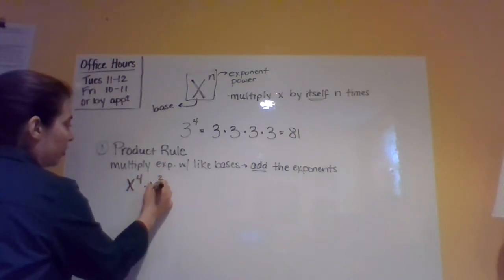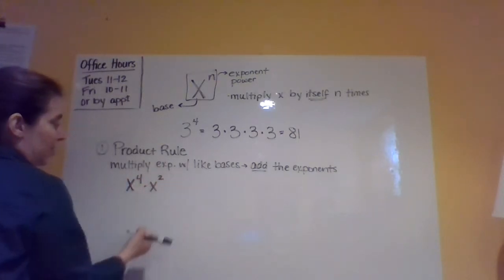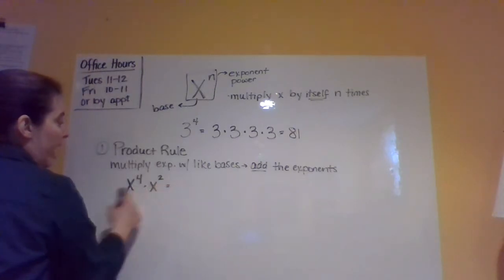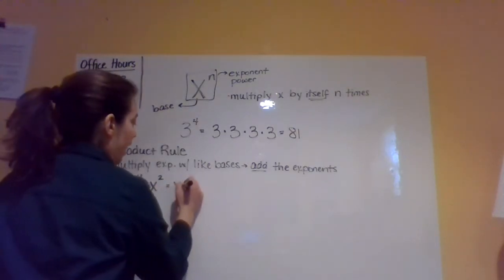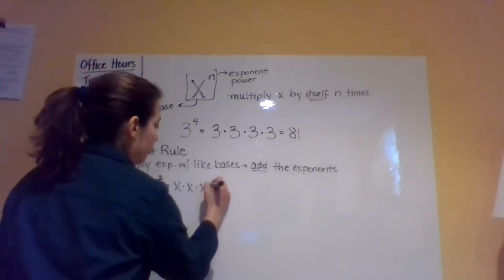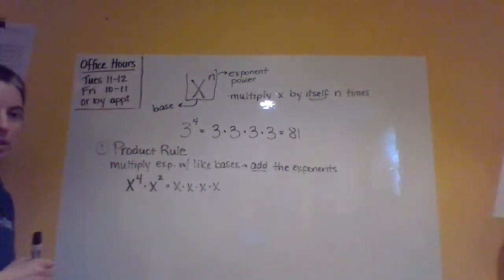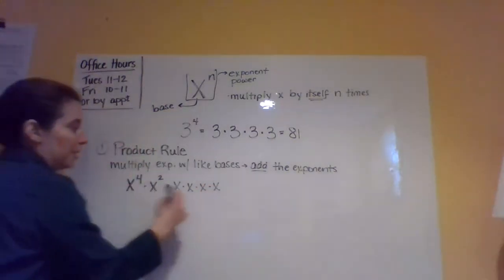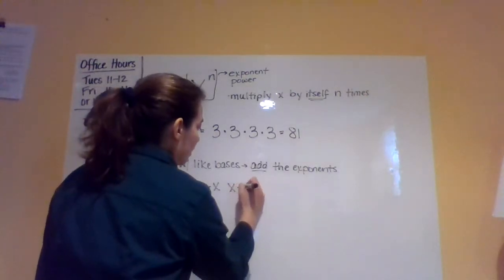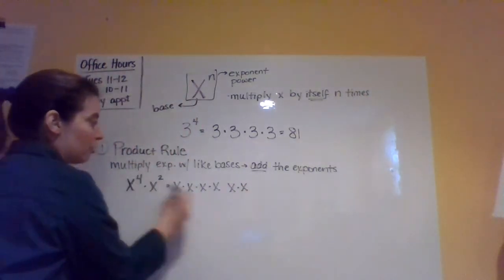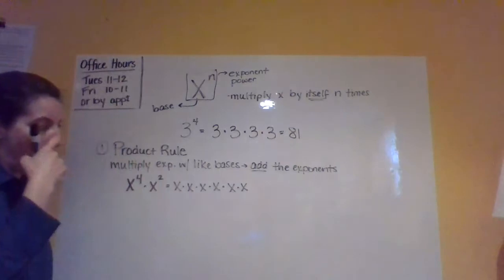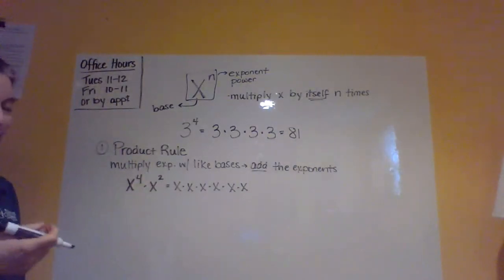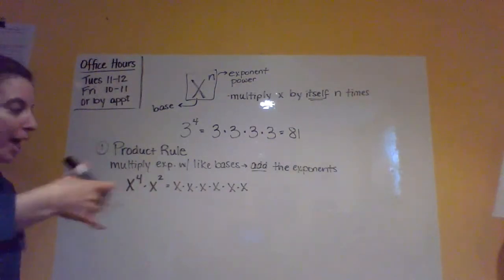Okay, so we can just jump to the rule, and you see that there in my example. But let's first think about what's really happening behind the scenes. So x to the 4th means x is being multiplied by itself 4 times. X to the 2nd means x is being multiplied by itself 2 times. And then these two things are being multiplied. Well, since it's the same base, I'm multiplying x over and over.